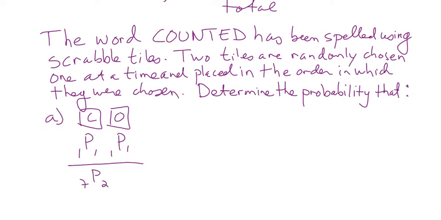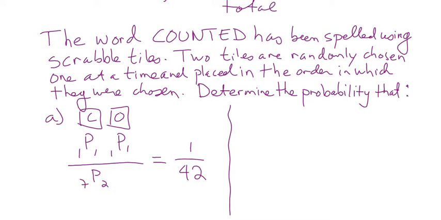The total is 7P2, and 7P2 is 42. So the probability that we draw a C and an O is 1 out of 42.